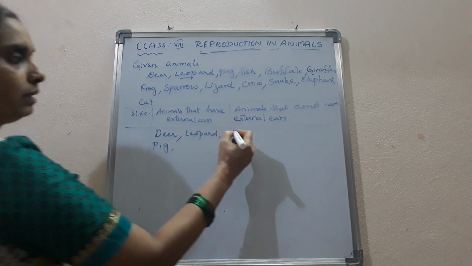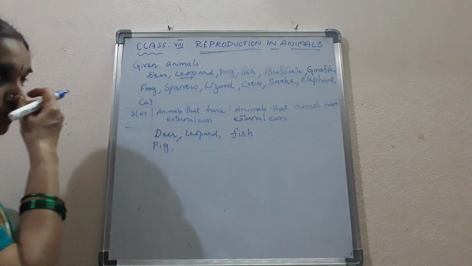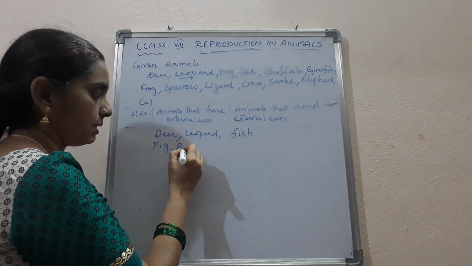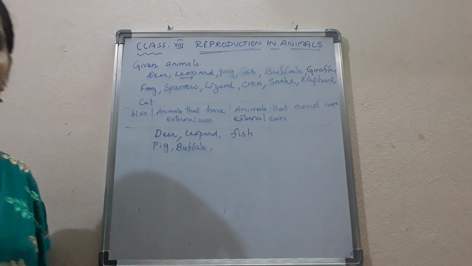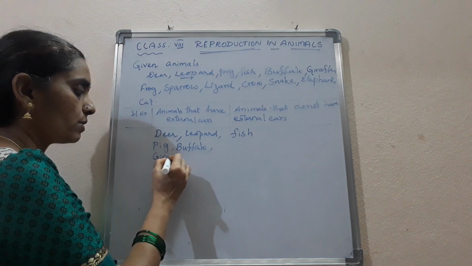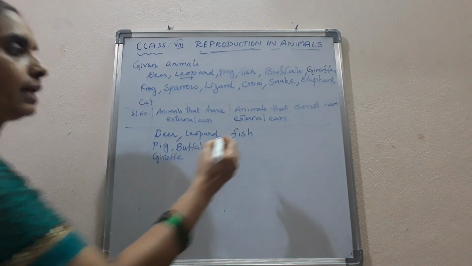Fish? No. It doesn't have any hair on it, isn't it? You do not observe. And next, buffalo. It has hair, isn't it? And so you have to write under this column. Next, giraffe. Does the giraffe have hair? Yes. Giraffe also has hair on it. And the frog. Frog does not have hair.